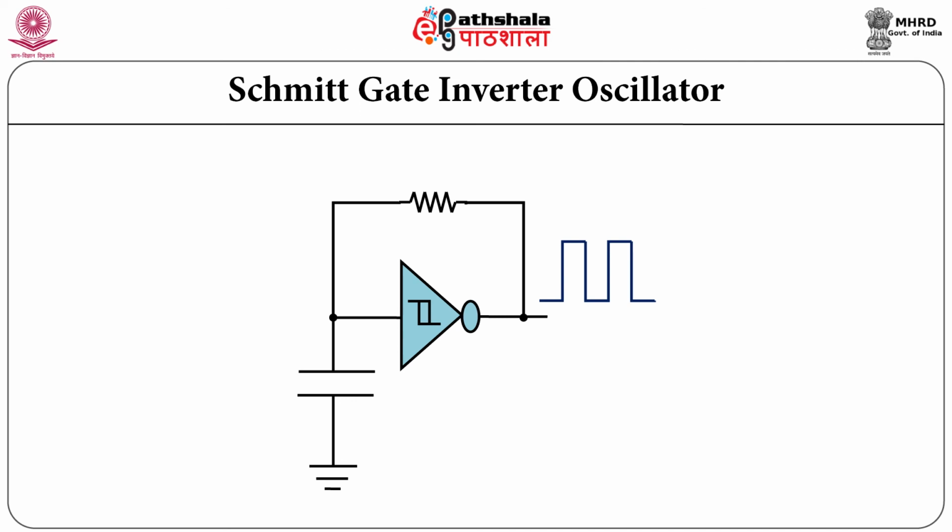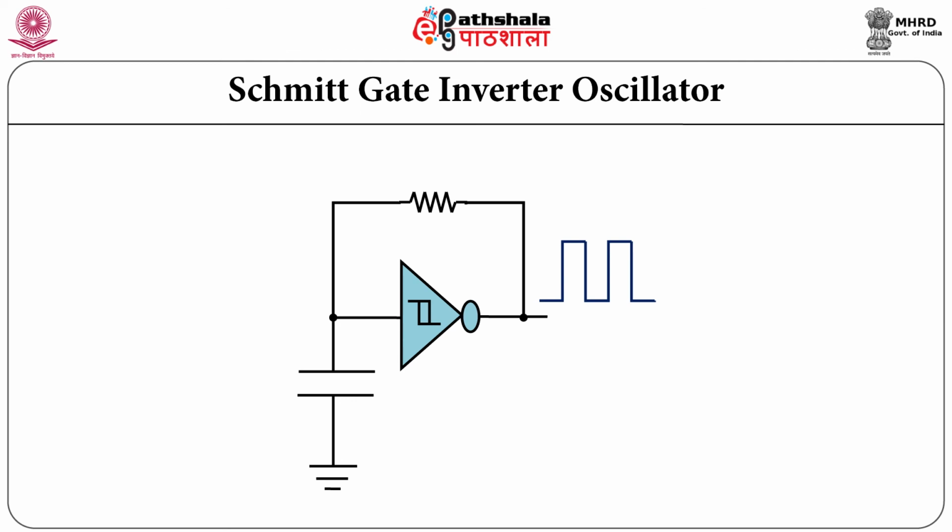The output of the inverter is fed back to the input through a resistor R. The capacitor starts charging in this process. When the capacitor charges to upper threshold limit of Schmitt inverter, the inverter changes the state and the output becomes low. This condition initiates the discharge process of the capacitor through the resistor.